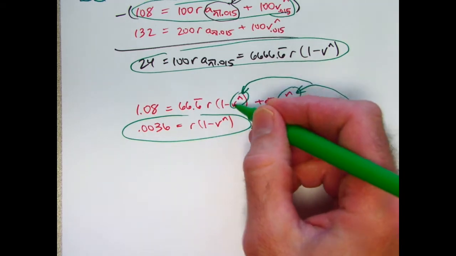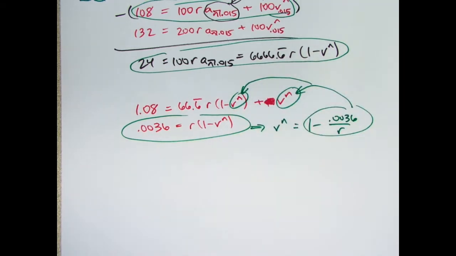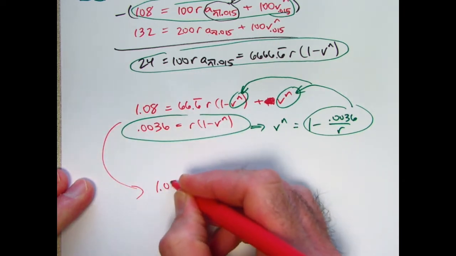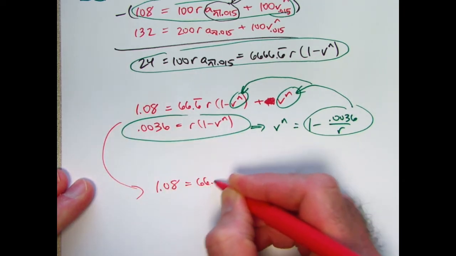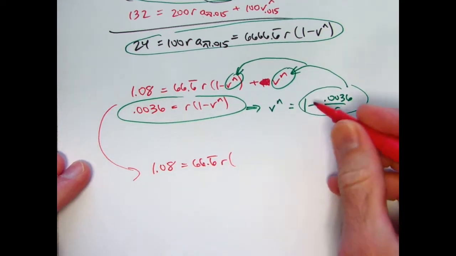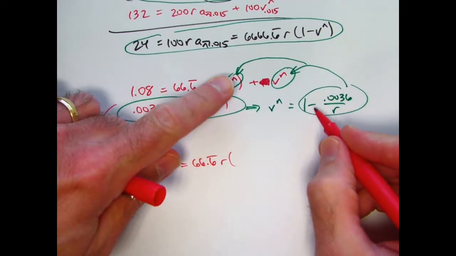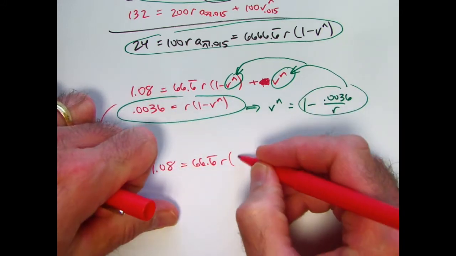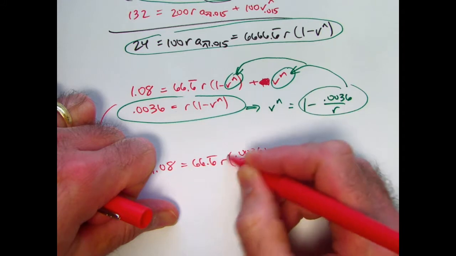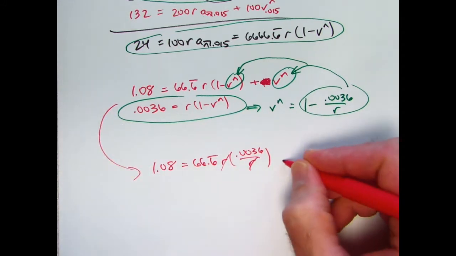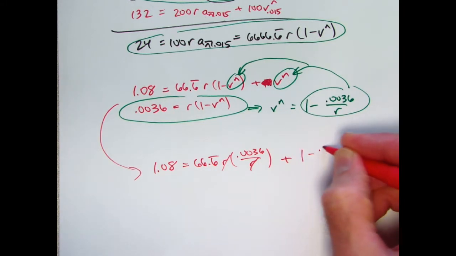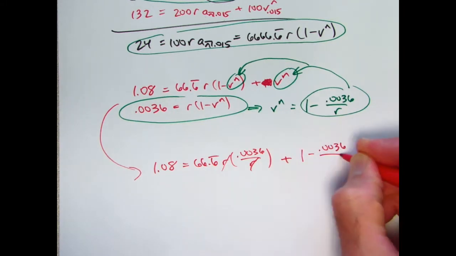When I plug it in that one, the ones cancel, and I'm left with 1.08 equals 66.6 repeating times r times 0.0036 over r, since the negative signs cancel. The r's will cancel. Plus, I also have it plugged in here, 1 minus 0.0036 over r.